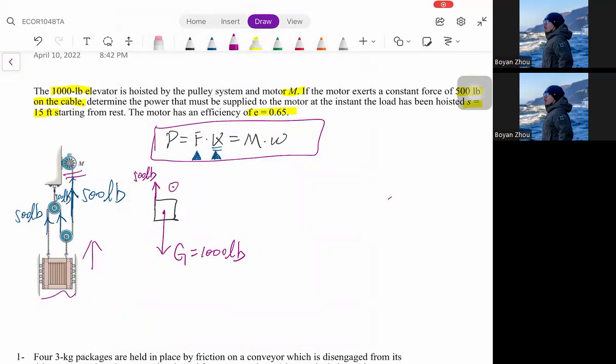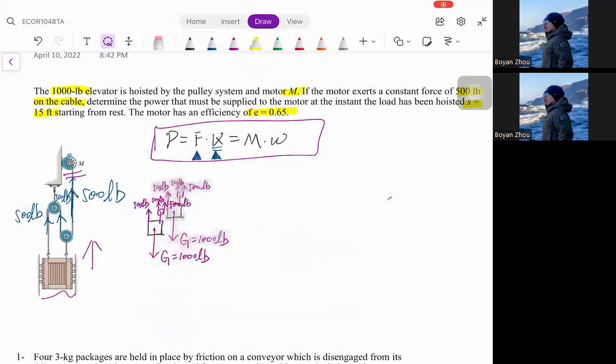Here there are actually two 500 pounds, and here is also 500 pounds. So we have all the forces we need to calculate the acceleration. This is the free body diagram.